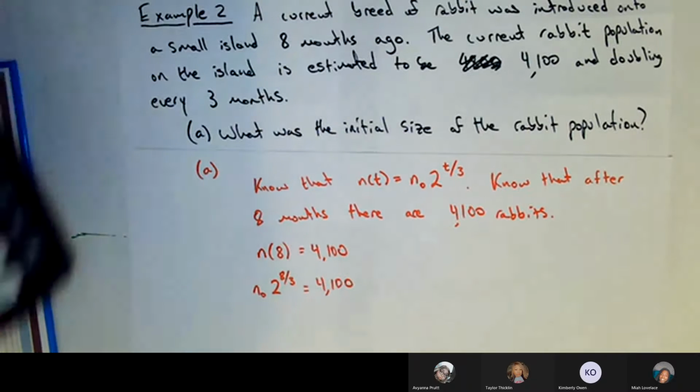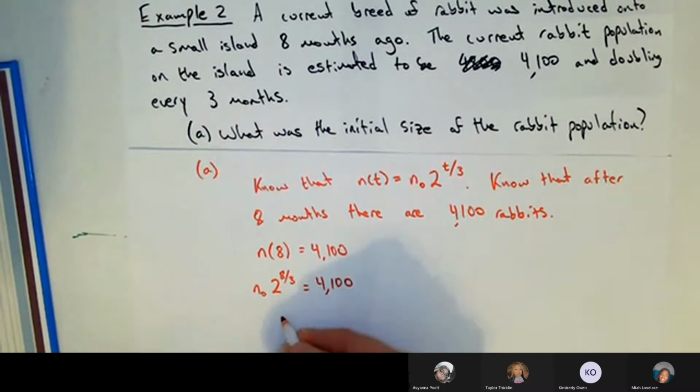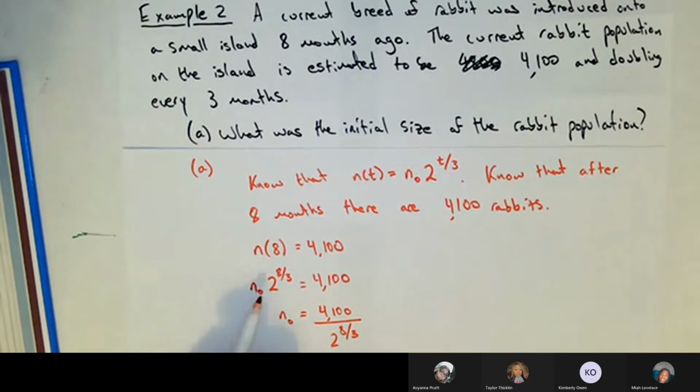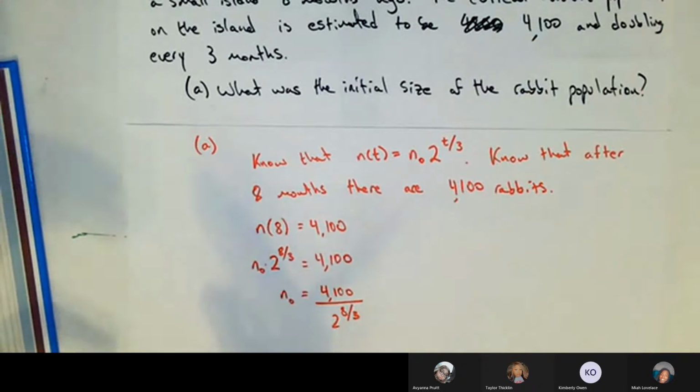So now all I need to do is figure out what n naught is. So n naught is going to be 4,100 divided by 2 raised to the 8/3, because this is connected via multiplication right here. So I can just divide this whole thing over. It looks messy, that 2 raised to the 8/3, but it's just a number attached to this via multiplication.